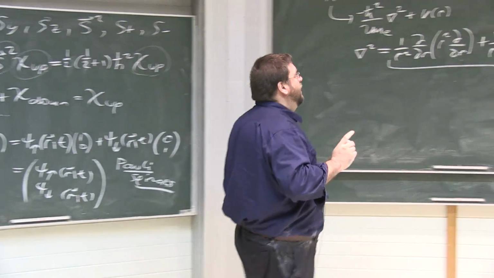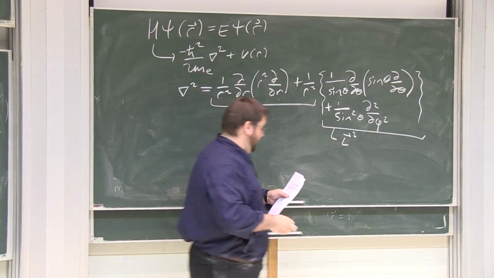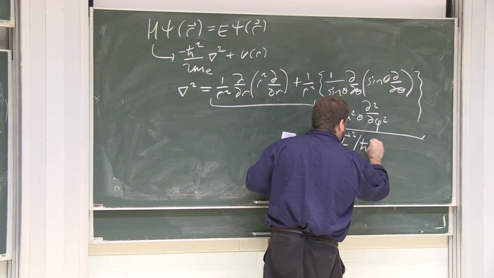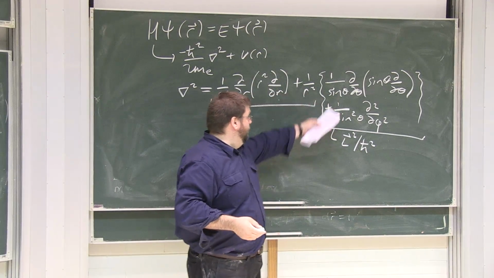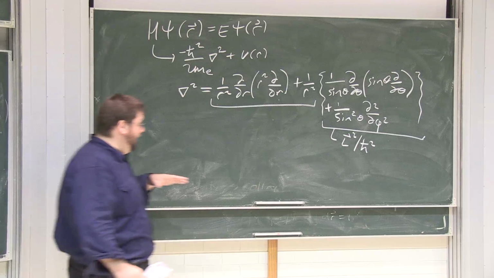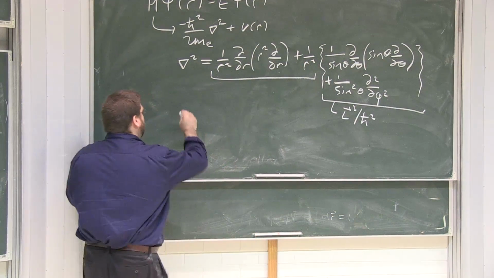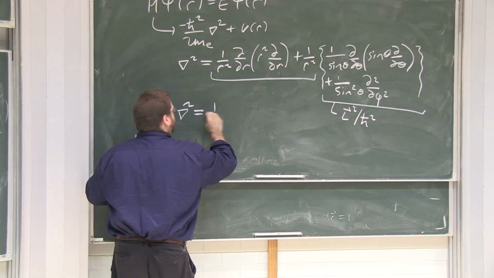And what you learned was that L squared depends only on theta and phi. In fact, you would have learned that L squared over h bar squared is what's in the braces. So this simplifies our expression for the Laplacian considerably.